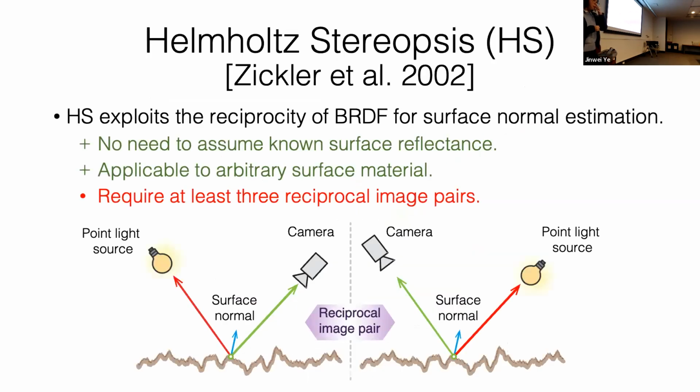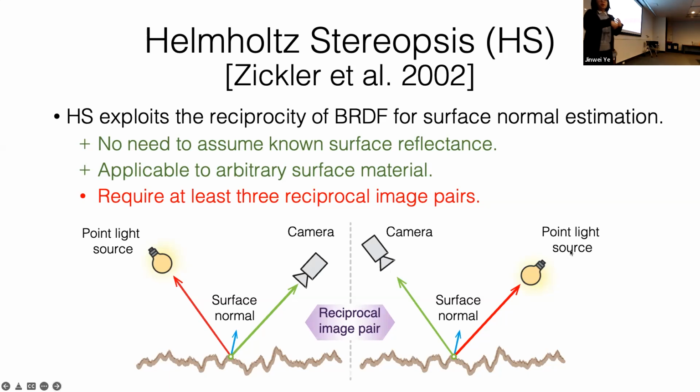And by applying this property, Ziegler et al. designed a hypothesis for doing stereo or 3D reconstruction by taking a pair of images along the reciprocal path. Basically, the setting is having a light source and a camera taking an image, and then you precisely switch the positions of the light source and camera and take another image, and this forms a reciprocal pair.